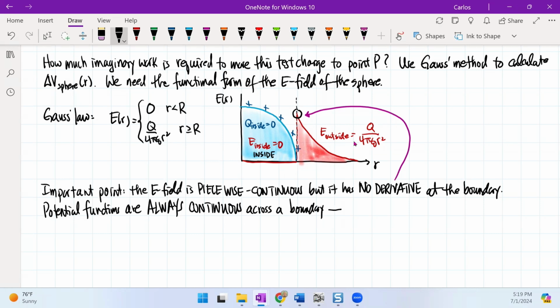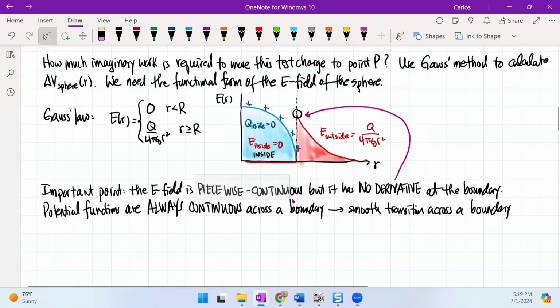In other words, for the potential we're seeing a smooth transition across a boundary. So you've got to remember that when you're drawing this. And the other word that's really important here is piecewise continuous. That means if I'm integrating the electric field, I have to do a separate integral for the outside and a separate integral for the inside. Because if you look at the electric field, you can see that it's piecewise continuous.